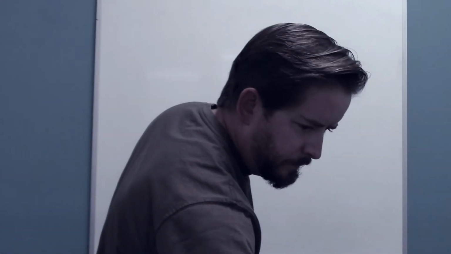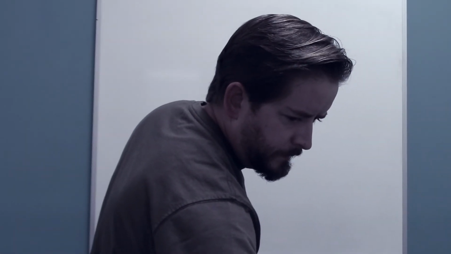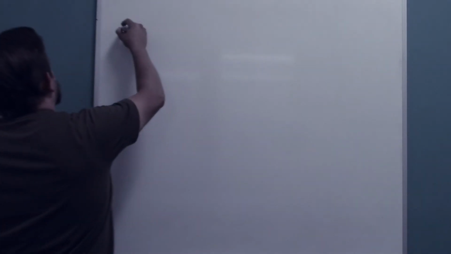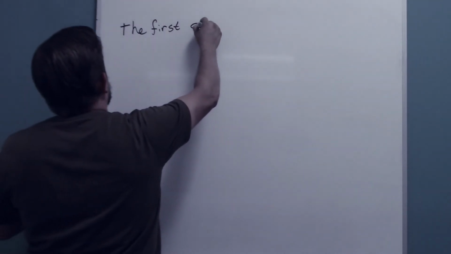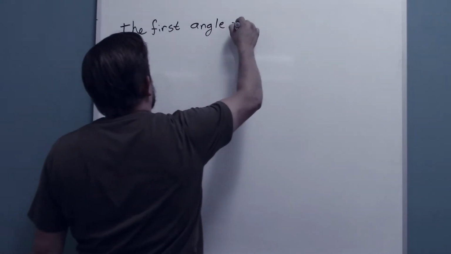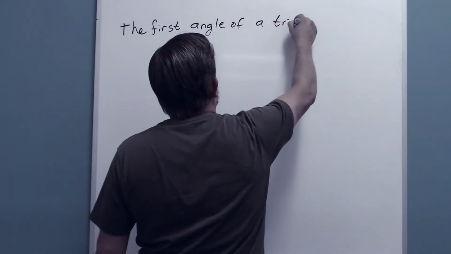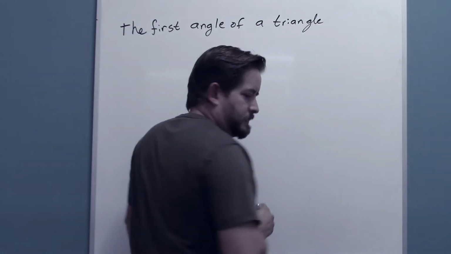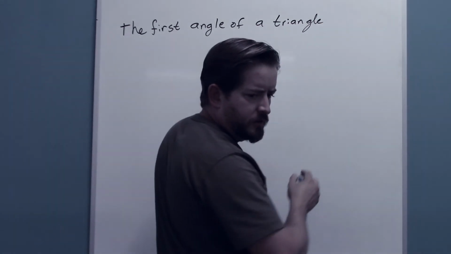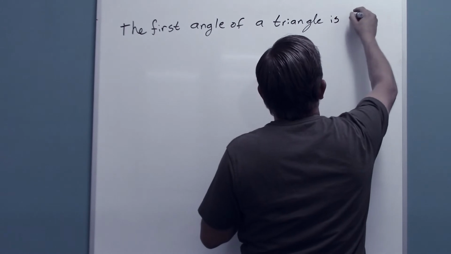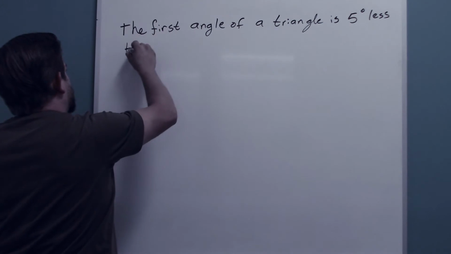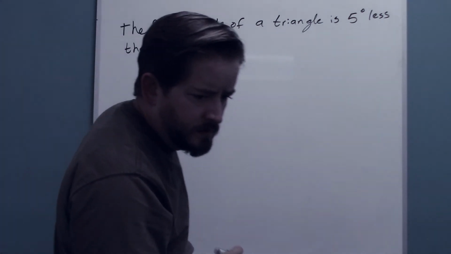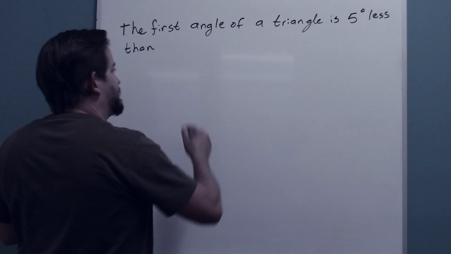The first angle of a triangle is 5 degrees less than twice the measure of the second.